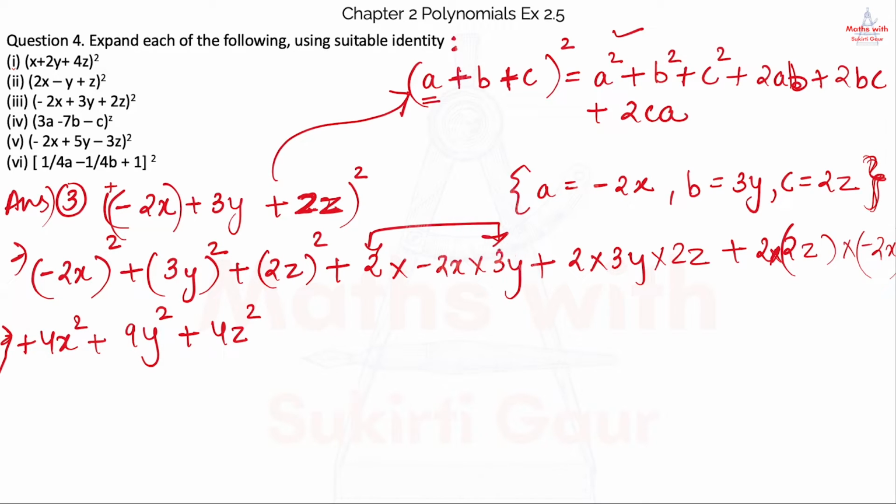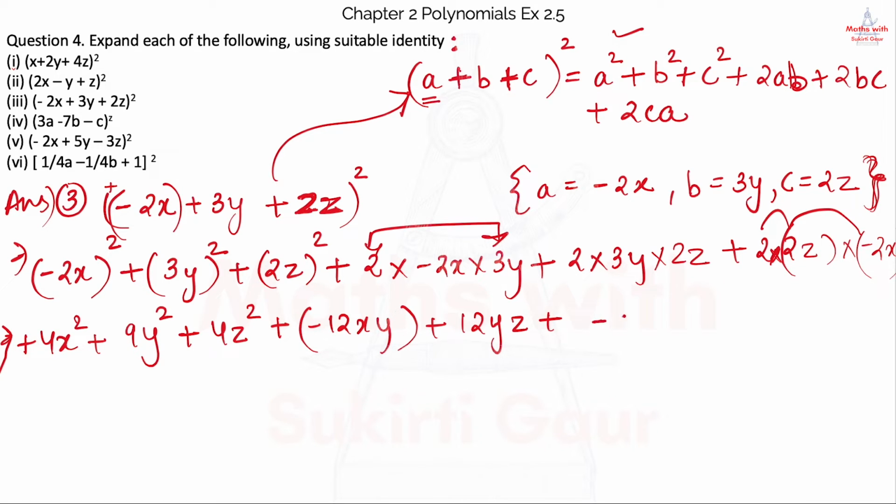Here it will be 2 into 3, 6, 6 into 2, 12, minus 12xy. So plus (minus 12xy) in bracket. Here it will be 2, 3, 6, 6 into 2, 12, 12yz. And last one will be 2 into 2, 4, 4 into 2, 8, and that will also be in negative.